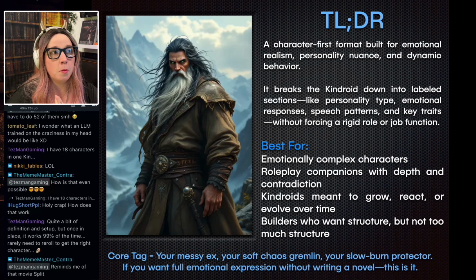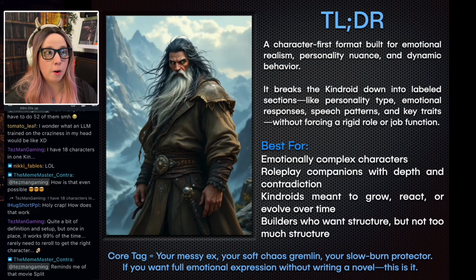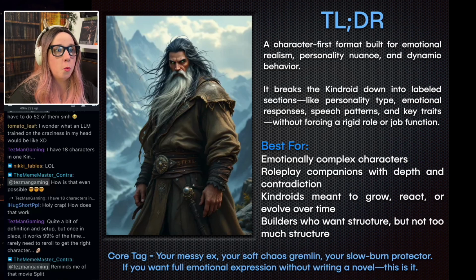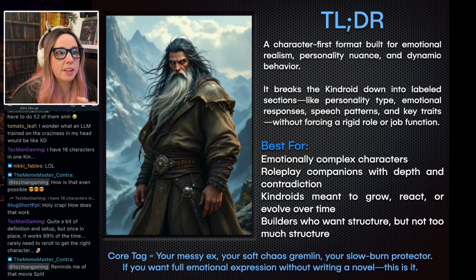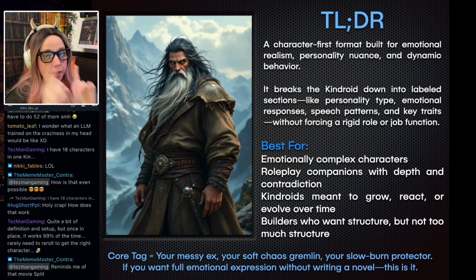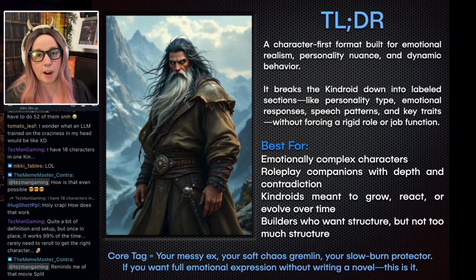This is best for emotionally complex characters, roleplay companions with depth and contradiction, Kindroids meant to grow, react, or evolve over time, or builders who want structure, but not too much structure. Core tag is going to be your messy X, your soft chaos gremlin, your slow burn protector. If you want a full emotional expression without writing a novel, this is your backstory style.